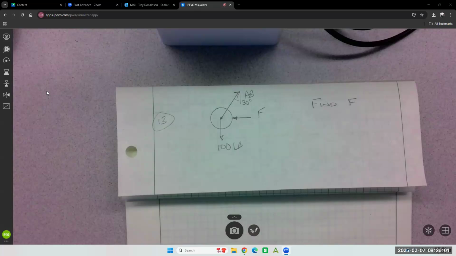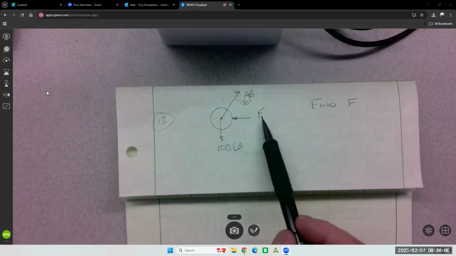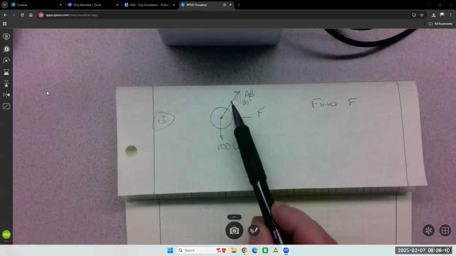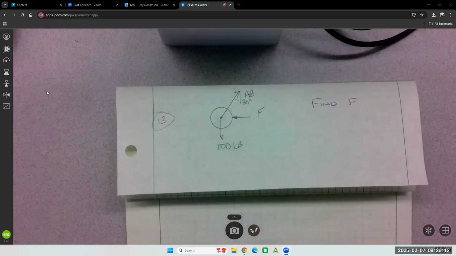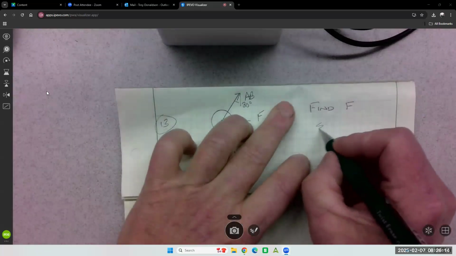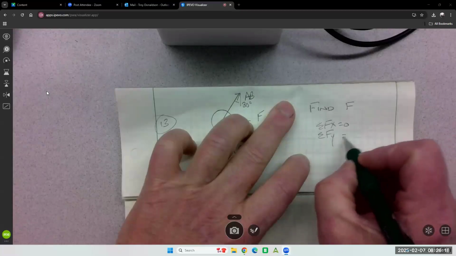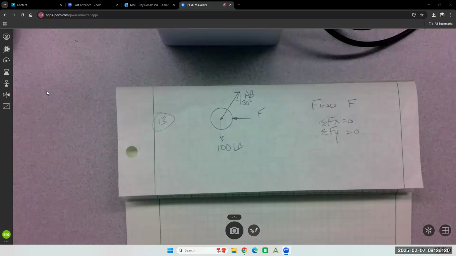This is a little trickier than the last one because F is unknown and AB is unknown. We have two unknowns, but we have two equations. We have some forces in the X and some forces in the Y. If you have two equations and two unknowns, it's solvable.